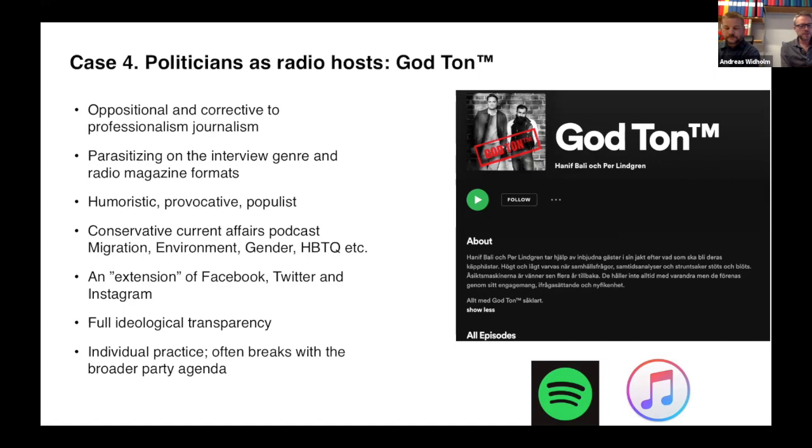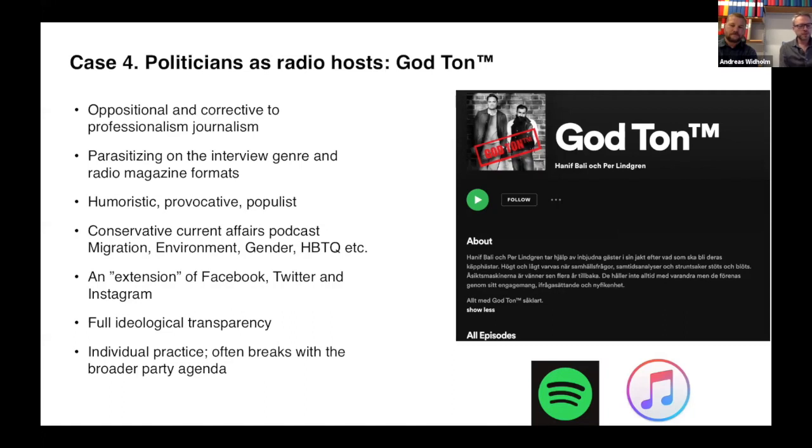So God Ton capitalized primarily on the interview genre. It contains invited guests such as comedians, authors, academics, and experts. And they are carefully selected in the sense that they tend to promote conservative values through this podcast and in the discussion.